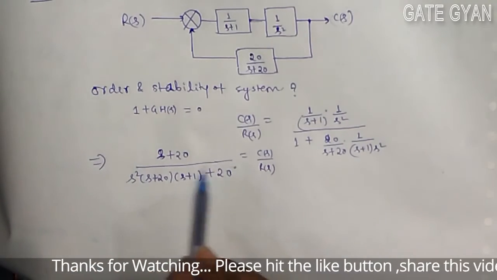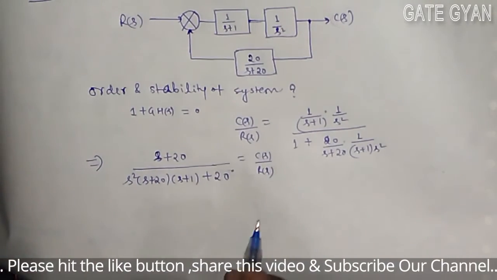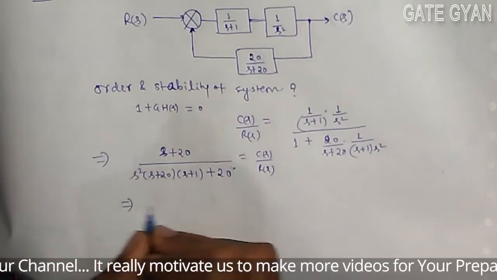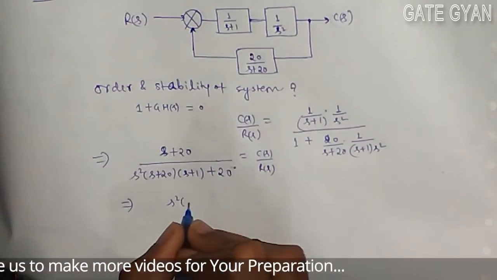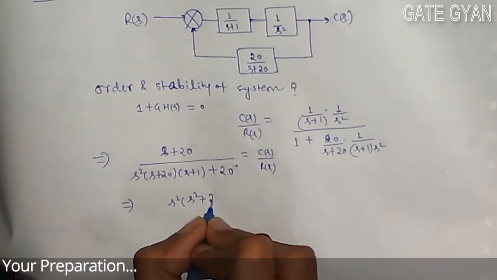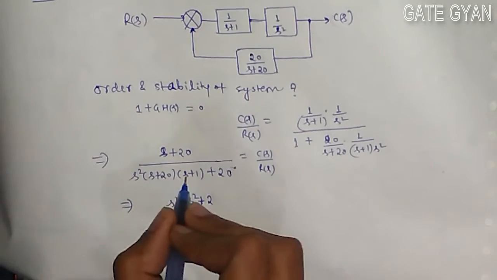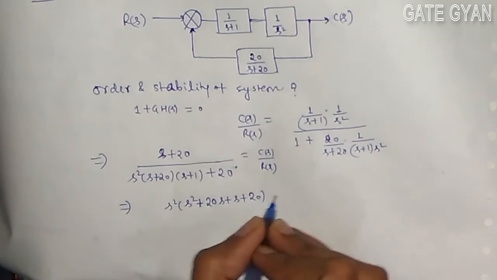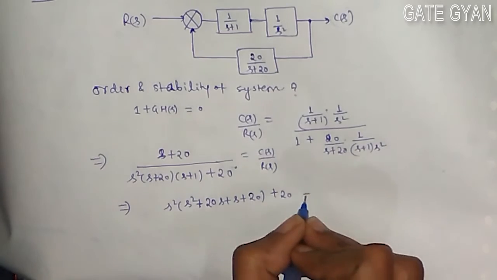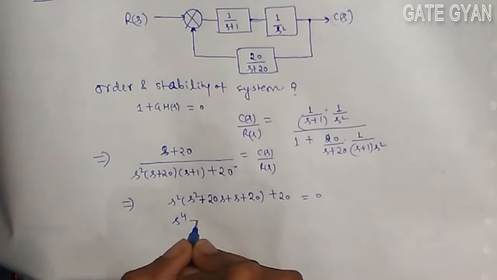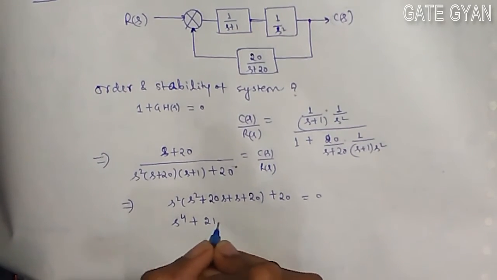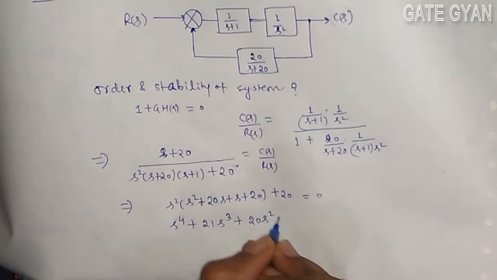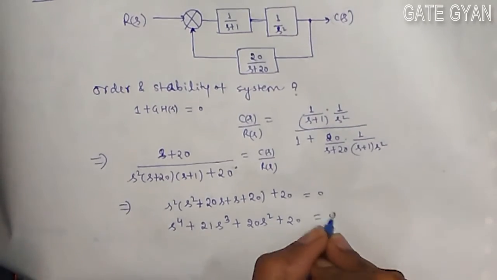So this represents the closed loop poles, and the highest power of this term will be the order of the system. So the characteristic equation is s square (s square plus 20s plus s plus 20) plus 20 equal to 0, or we can say s to the power 4 plus 21 s cube plus 20 s square plus 20 equal to 0.